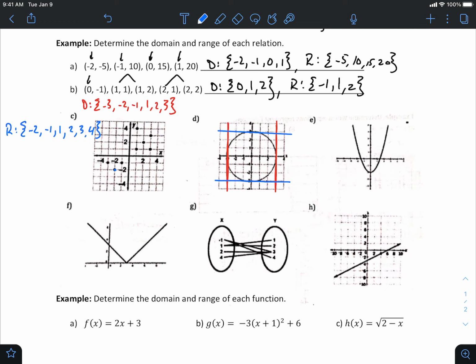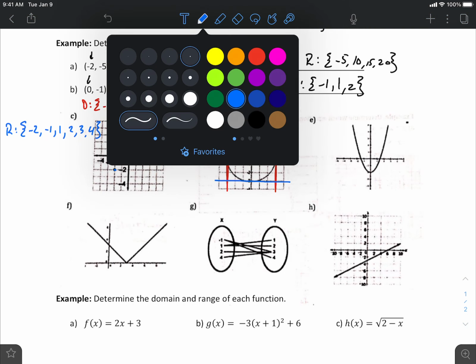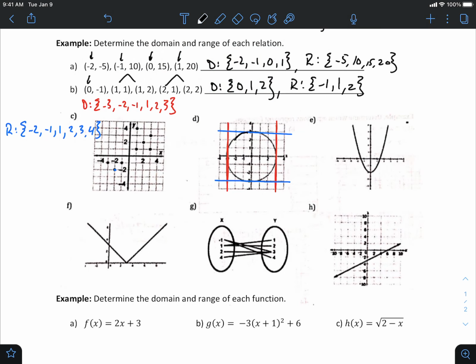So, albeit that this is not a function, it's a relation. Would everybody agree that at any point along here, I have an infinite number of points that comprise this circle? Because it's a continuous graph. Would everybody agree with that?